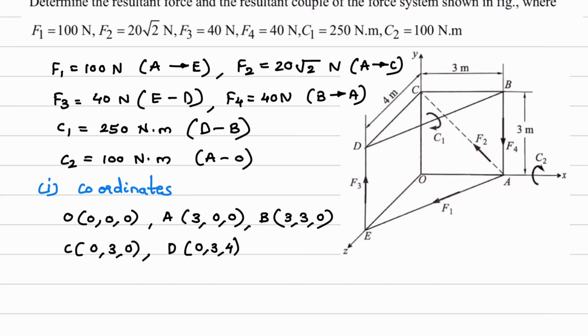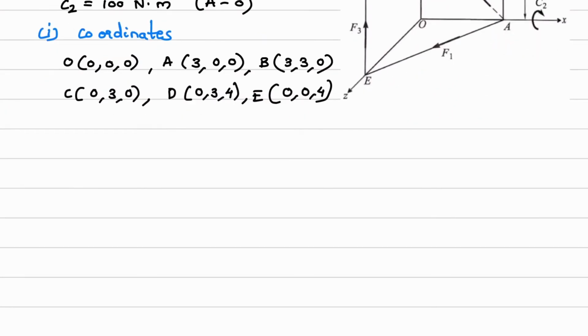Then the last point E. E location is here. X is 0, y is 0 and z is in this direction with respect to point O. What is that? 4 meter. So 0, 0, 4. Okay, now we have found all the coordinates.